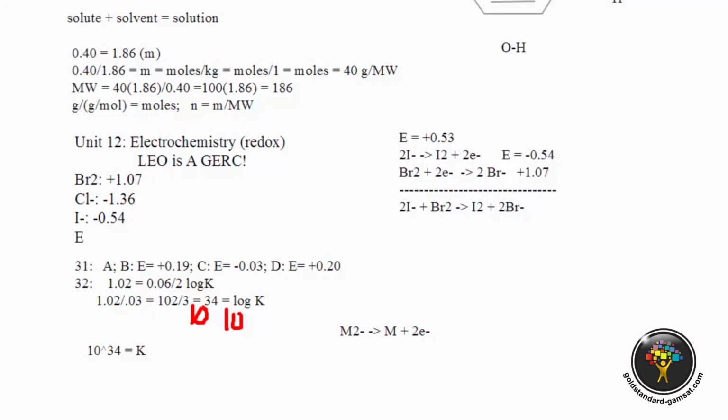Now we have to think, if N is occurring as written, could N have a negative value? Could N be negative 0.34? Is that a possibility? That's right, there's no way that N could be negative 0.34, because then that reaction could not occur spontaneously as written.